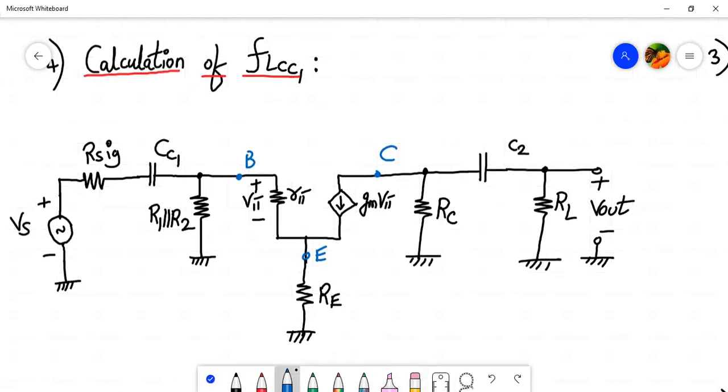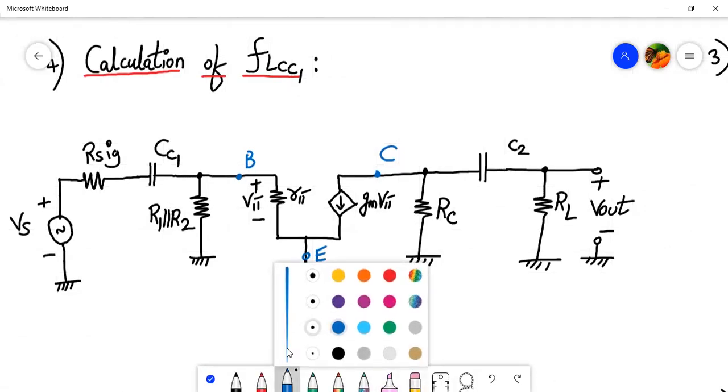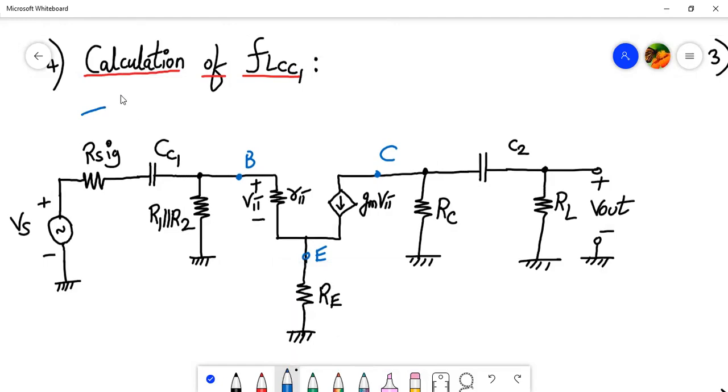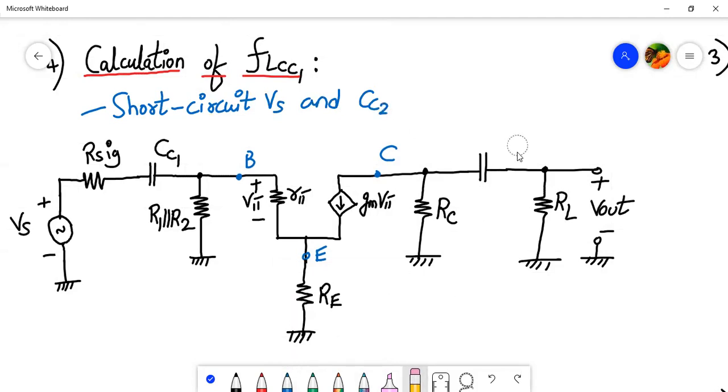We have to, first of all, let me write it over here. We have to short circuit VS source and CC2. So we have to short circuit VS source and CC2 value, right? So let me draw it over here.